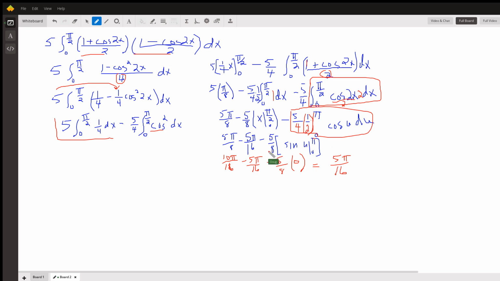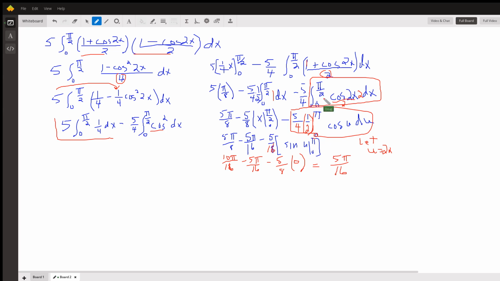I'll let you be a little more careful than I was in doing this part. I think this actually becomes 5/16. But the key is the antiderivative of cosine is sine. I have to change the limits of integration, because when I use U-substitution, I let u equal 2x. So when x is 0, u is still 0.